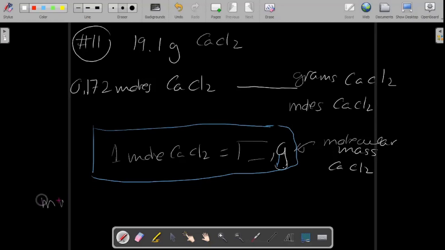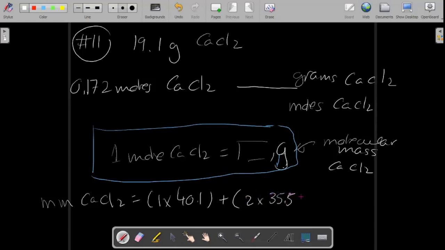Let's find that molecular mass. So the molecular mass of this molecule equals, start adding. Let's find the calcium. Calcium is in position 20 in your periodic table, and there's one of them in this molecule. Each one is 40.1. Then we're going to add the chlorine. There are 2 of them, and each one in position 17 is 35.5.